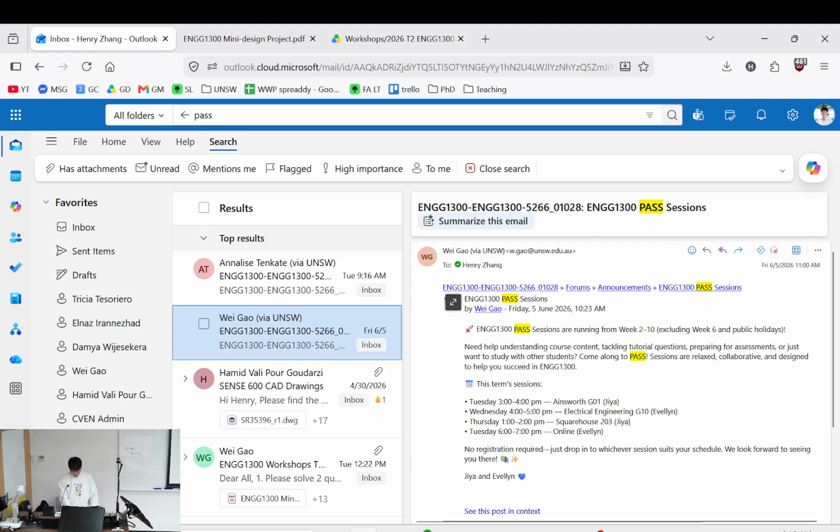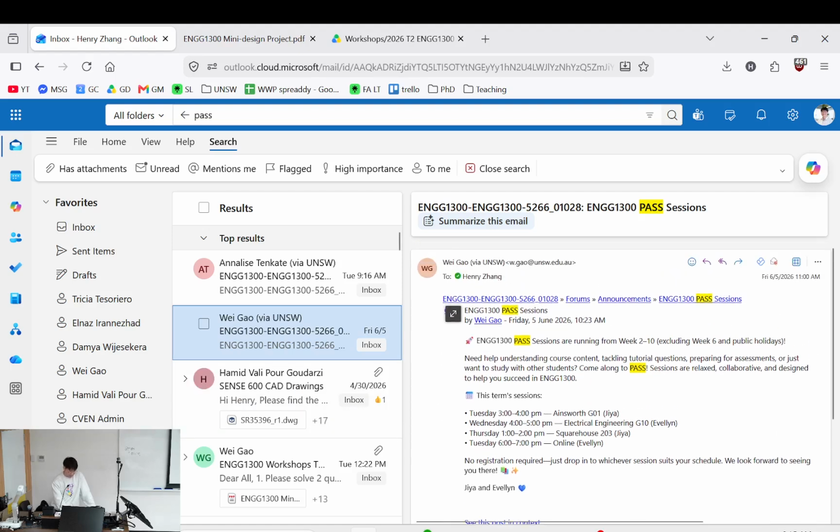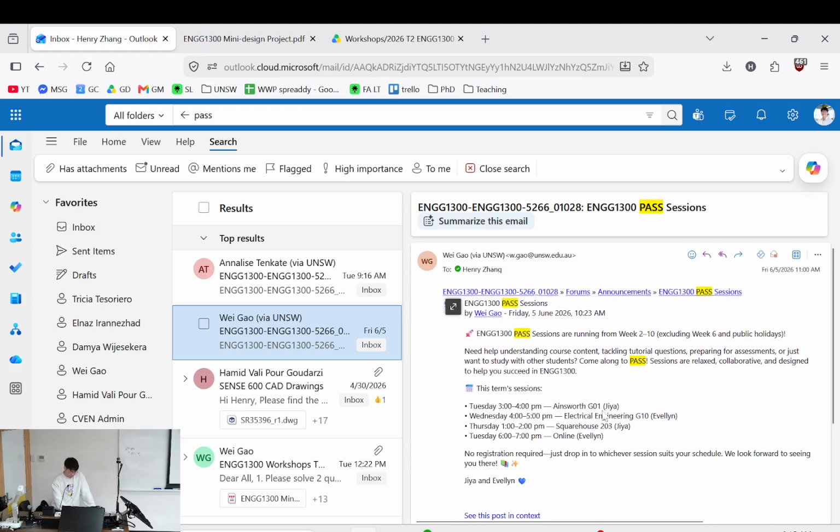And as a matter of fact, I taught both of these students, so Gia and Evelyn. Evelyn was in my 2023 class, and Gia was in my 2024 class when I did demonstrations back in the day. So yeah, go support them. Yeah, anyway, so that's on the Moodle forums, I believe Wei has promoted that. Okay, so that's that.